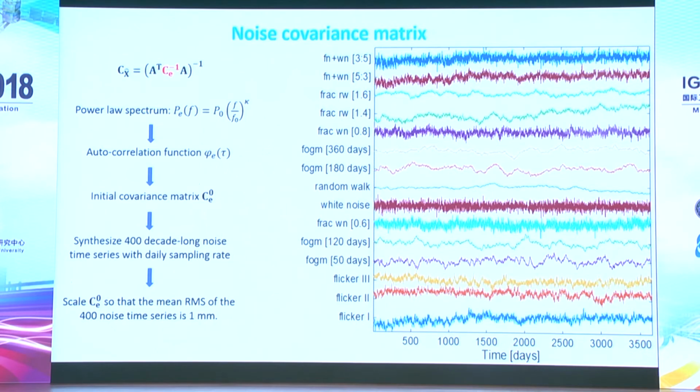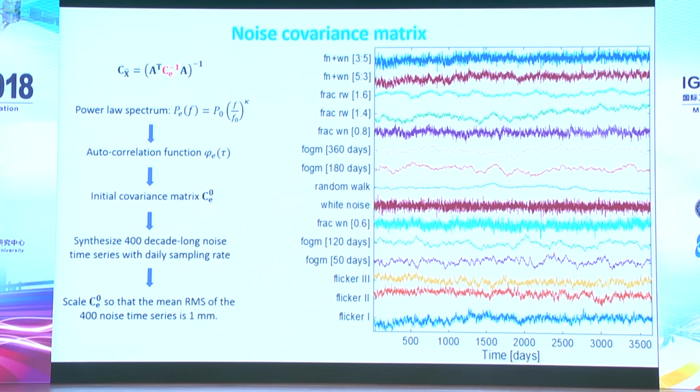Unlike the first order Gauss-Markov model and the white noise model, obviously these two models have an analytical expression for the covariance. For most of the power laws, no such analytical expression exists for the covariance matrix. Therefore, we use a numerical method to construct the covariance matrix for the power law models.